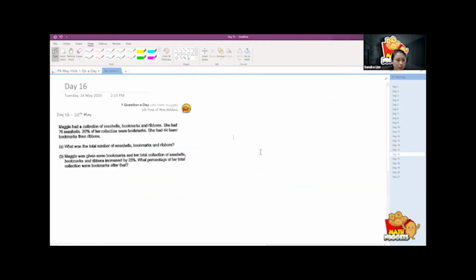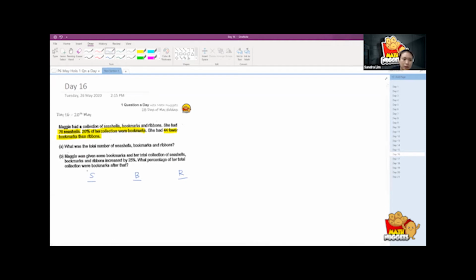So question 16. I'm going to list down the information. Okay, so we have seashells, bookmarks, and ribbons. I'm just going to write down seashells, bookmarks, ribbons, like that. So they tell us that 76 seashells and 20% of her collection were bookmarks, and she had 44 fewer bookmarks than ribbons.